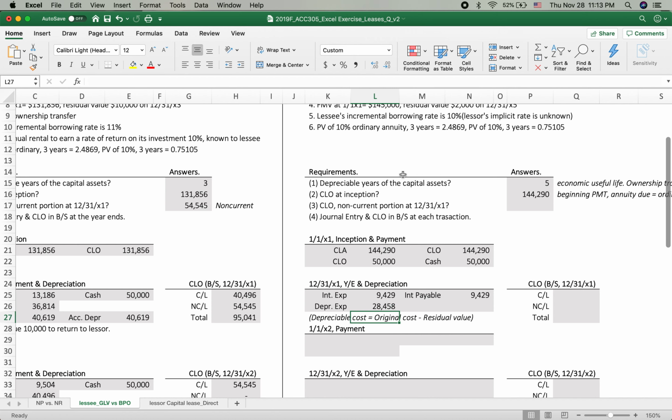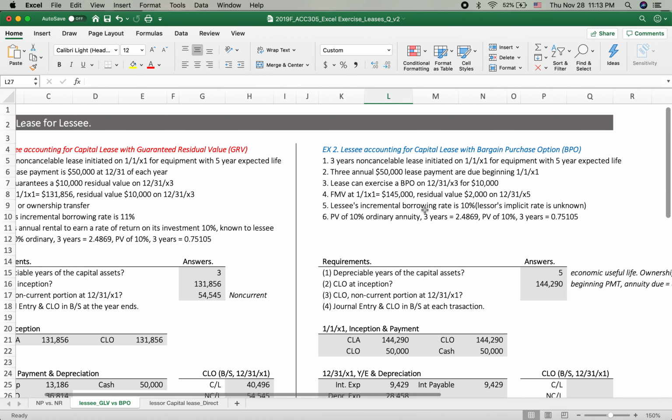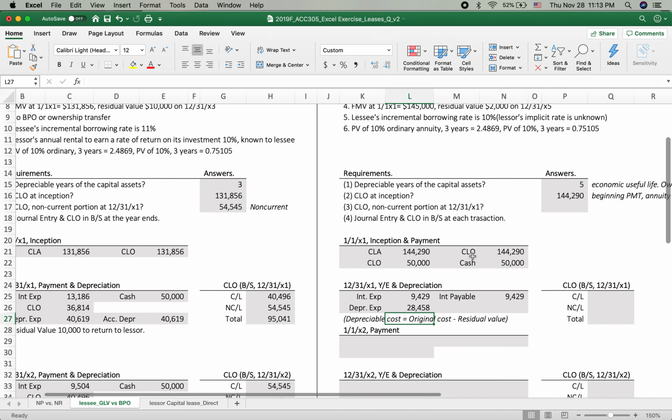Why 5 years? Because again, this lease contract has the bargain purchase option, and the lessee can exercise this bargain purchase option, $10,000, right? So we should depreciate over 5 years, the economic useful life of this asset. So we will depreciate this amount every year.